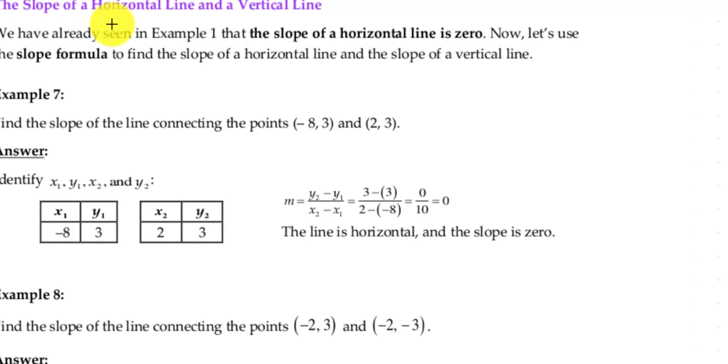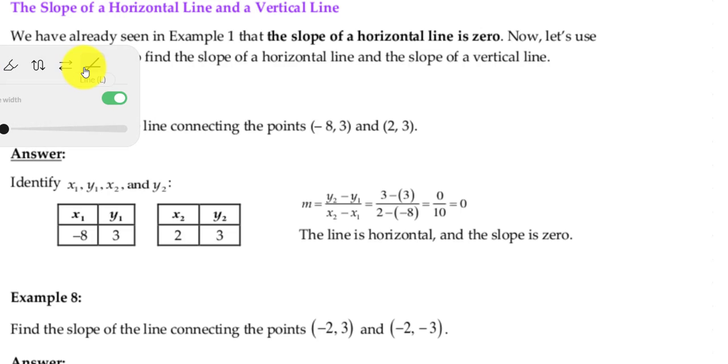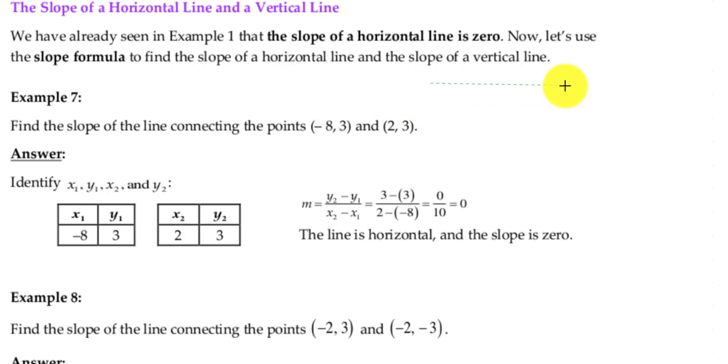Now we're going to take a look at the slope of a horizontal line and a vertical line. And we know that the slope of a horizontal line is 0. If I had a line that just looked like this, it's not rising, it's not falling, so we would say that the slope, or m, would be equal to 0. So it says, example 6, find the slope of the line connecting these points.